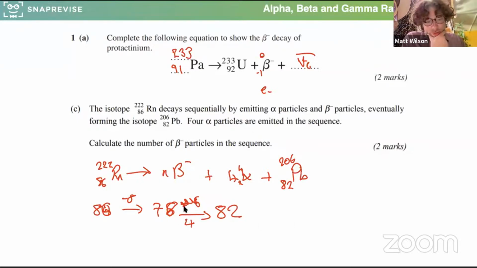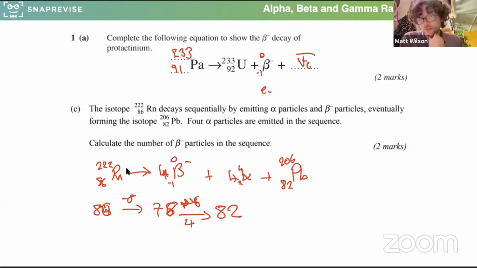Okay, good. So that's how many we're going to need. We're going to need 4. So we can just put 4 here. And just as a sanity check, let's check all these numbers balance. So here we have 86. On the other side, we have 82. We have plus 8 here from 4 times 2. Minus 4 here from 4 lots of minus 1.